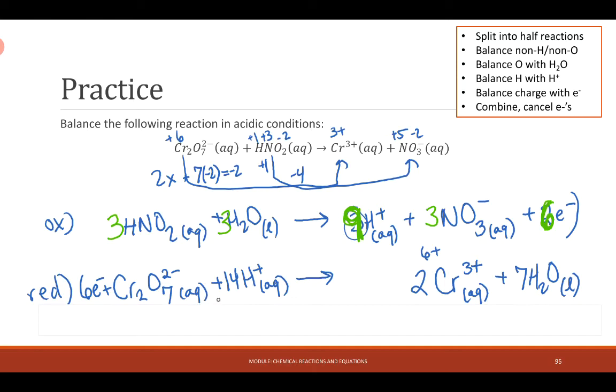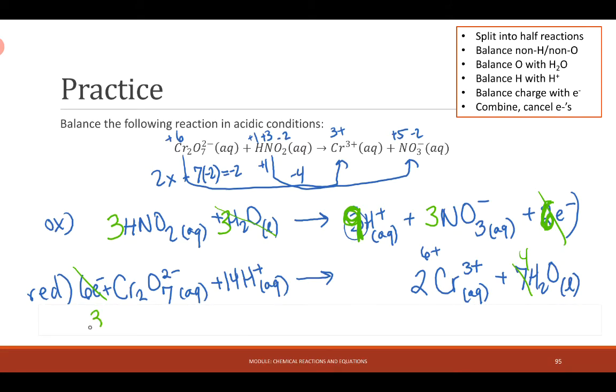Now that my electron counts are equal, I can add my 2 half reactions together. I can also keep an eye on my waters and simplify as I go. Since I got 3 waters here and 7 here, I know that I'm going to cancel those out and be left with 4. So let me try to remember that as I'm adding these together.